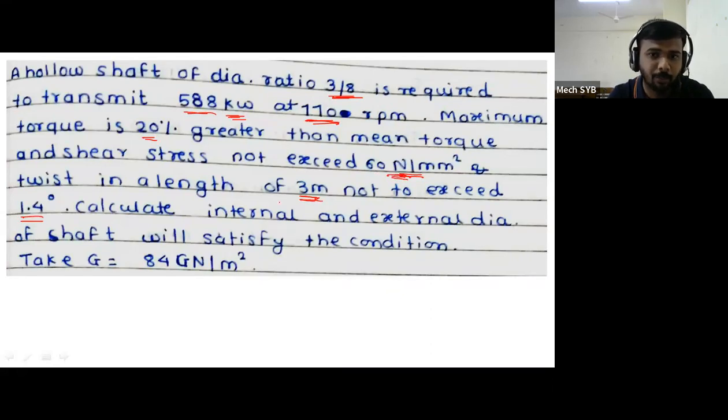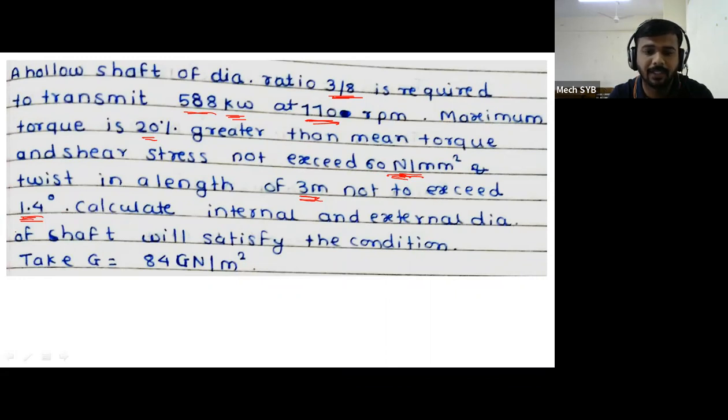Similarly, if there is a possibility of twisting, that twisting is also not to exceed 1.4 degree. Up to 1.4 degree that shaft can easily sustain. But if your twisting exceeds more than 1.4 degree, there is a possibility of failure. Okay, therefore the twisting should not exceed 1.4 degree, full stop.